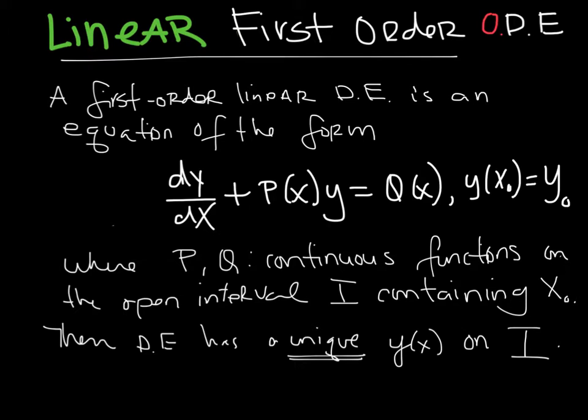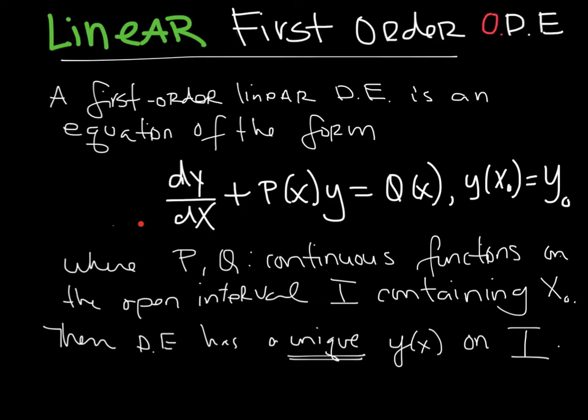So this is again Theorem 1, and your book says, or I basically paraphrased a little bit, if you want to write the exact words in your book, that's fine as well. So we have a first order linear ODE of this form, where P and Q are continuous functions, that is functions of x, on an open interval I containing our x naught, because we're given a differential equation and we're given an initial condition.